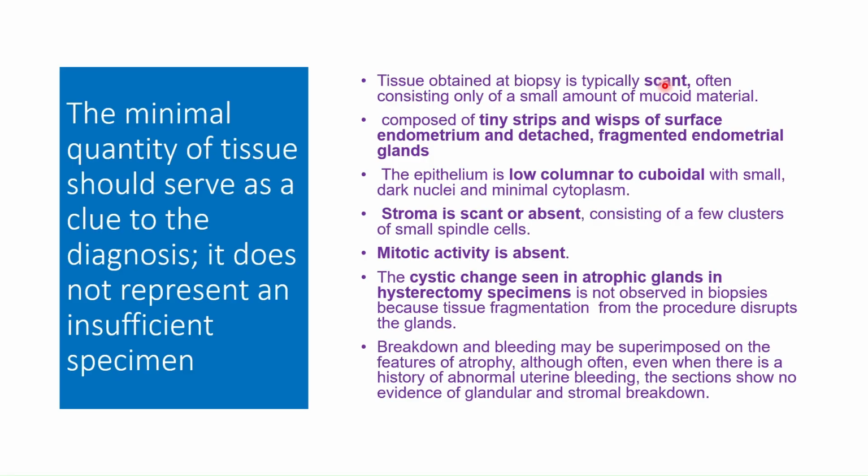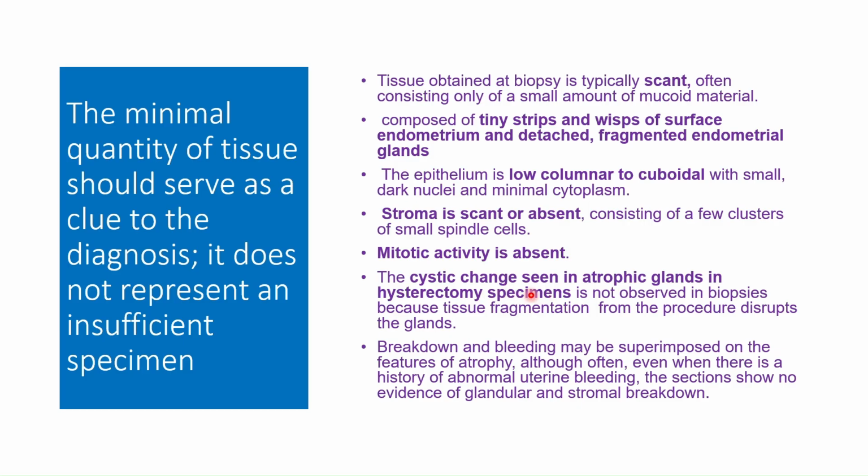Here the tissue biopsy is typically scant and consists of only a small amount of mucoid material composed of tiny strips and wisps of surface endometrium and detached fragmented endometrial glands. The epithelium is low columnar to cuboidal with very small dark nuclei and minimal cytoplasm. Stroma is scant or absent.